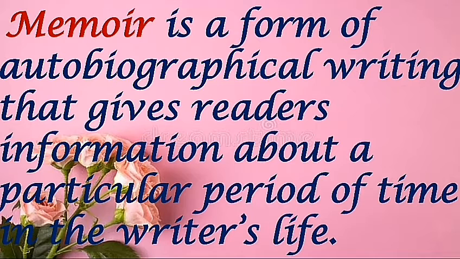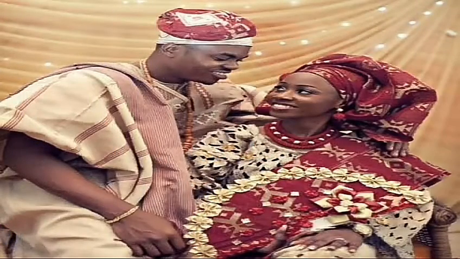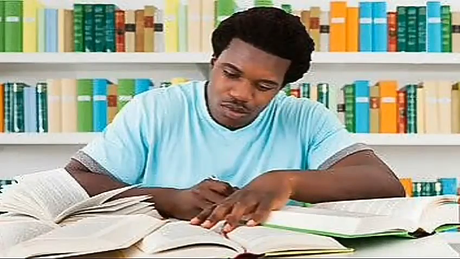While autobiography is the life history, the life account of a person, memoir talks about a particular period of a person's life. It could be the marital life of the writer or the educational life of the writer. It talks only about a segment of the writer's life and not the whole account as we have in autobiography. Alright?